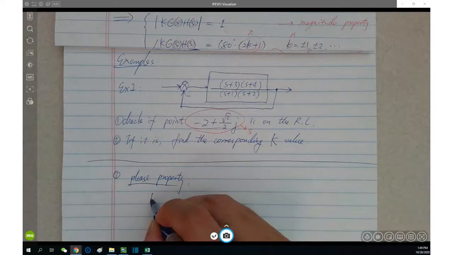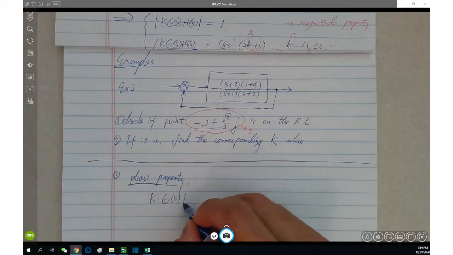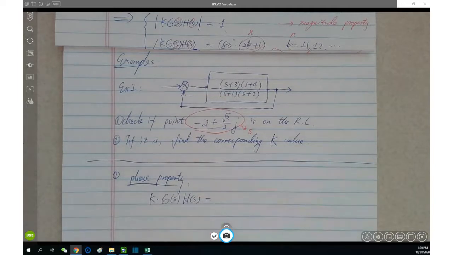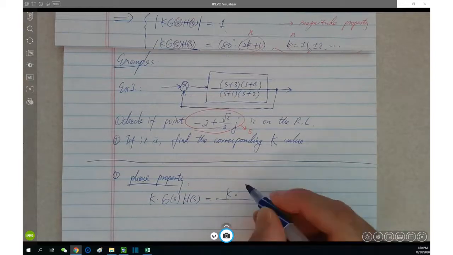So let's try to find KGH first. Obviously, we are looking for the open loop transfer function KGH first. According to the given block diagram, what is the KGH?